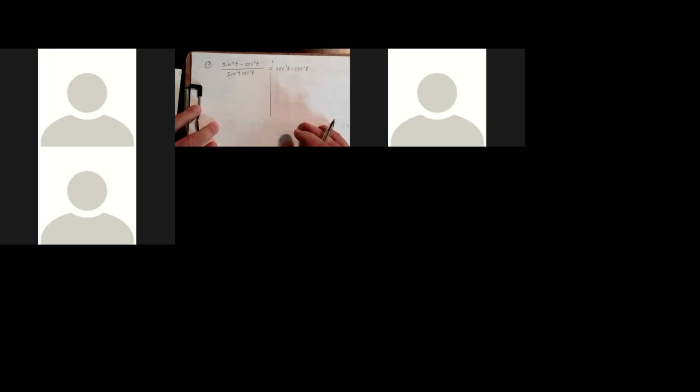What side would you be willing to work with? Anybody? What side appears to be more complicated looking? Left side all day. All right, let's go with the left side.